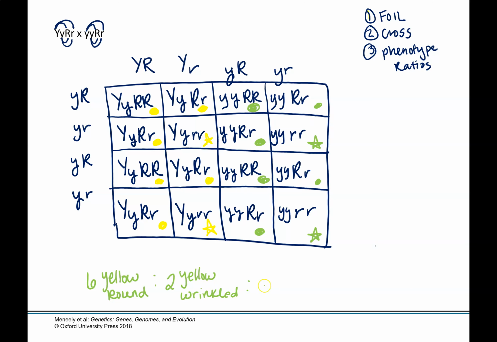And then we have 6 green and round, and 2 green and wrinkled. So of course I asked you to reduce, so it would be 3 to 1 to 3 to 1, and then make sure that you fill in the phenotypes as well. Again, the unreduced form is not wrong, just by convention we reduce it. And then of course you could write this in any order as well.